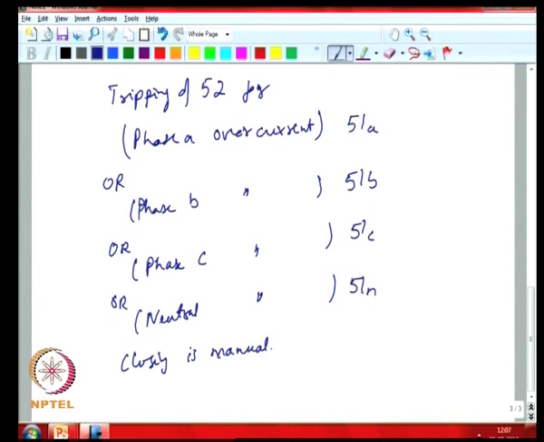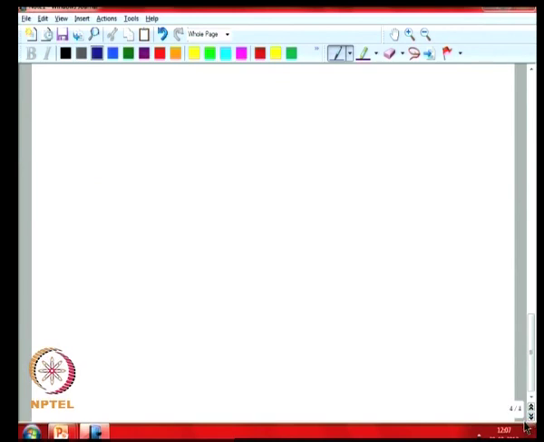So, in a typical system, you might have a DG system where you might have a control system and a protection system.